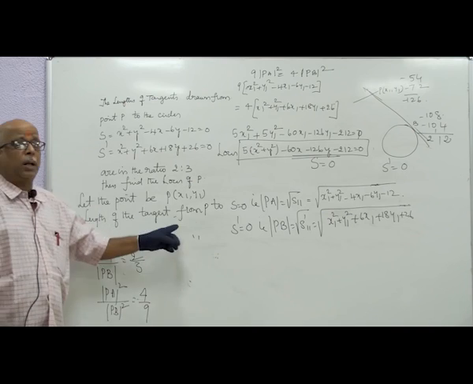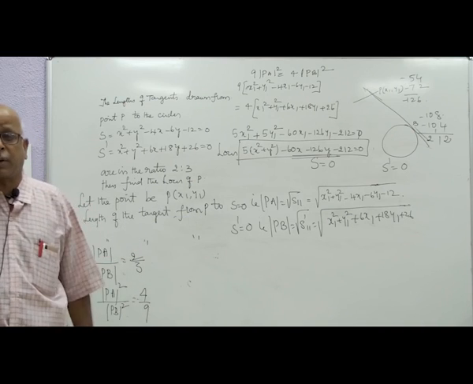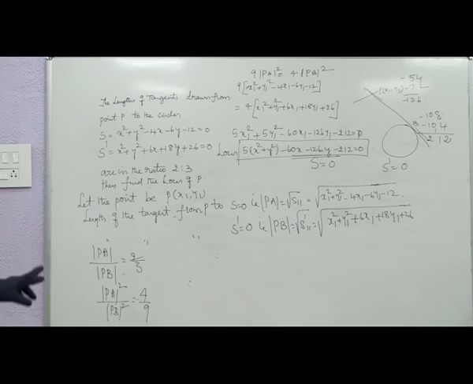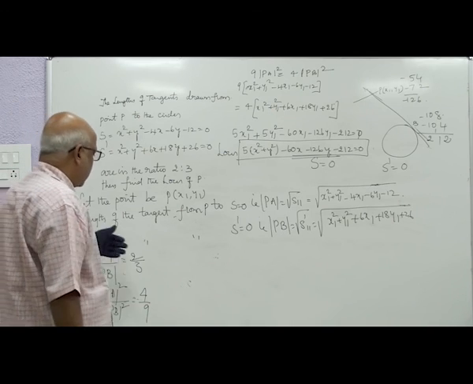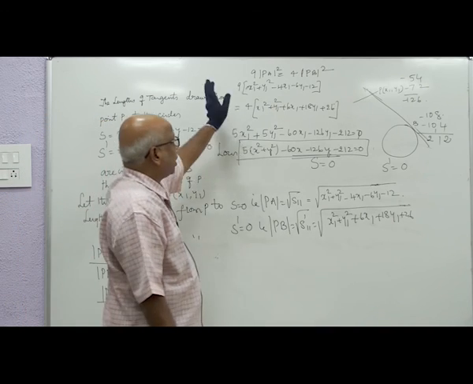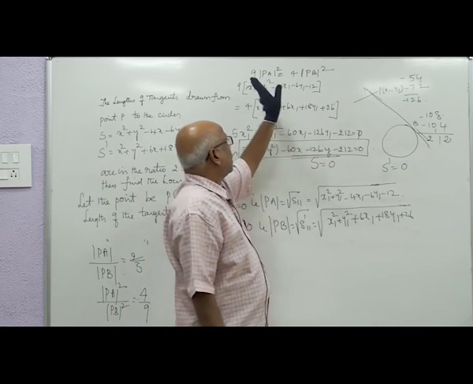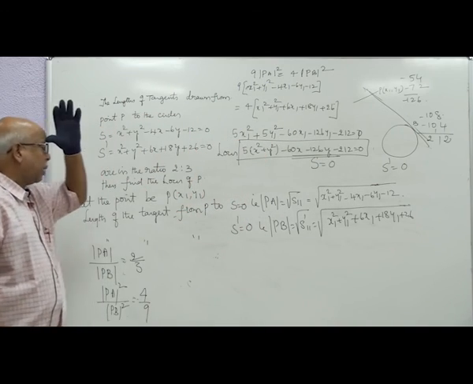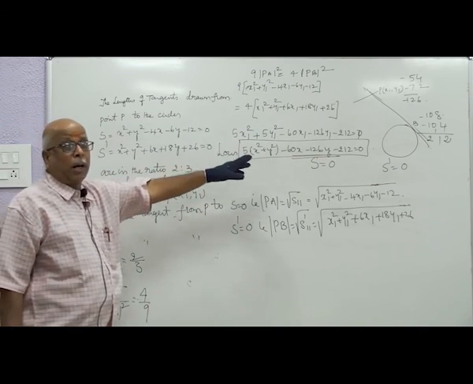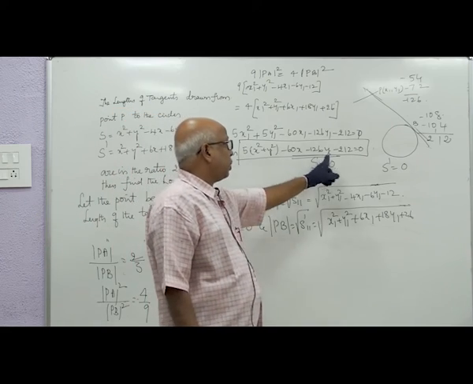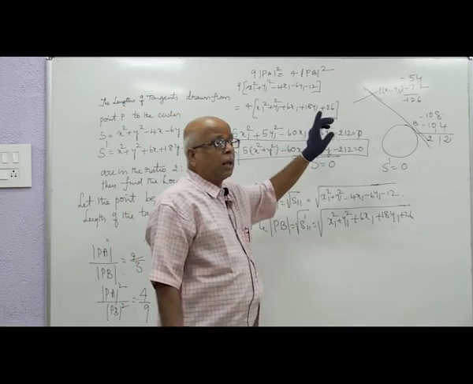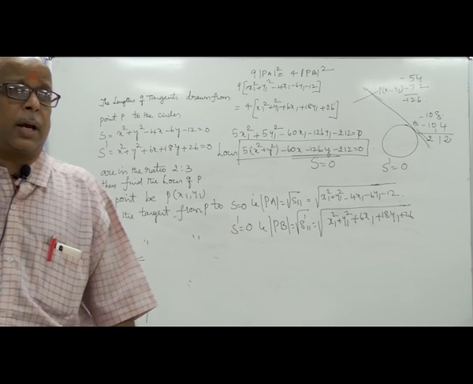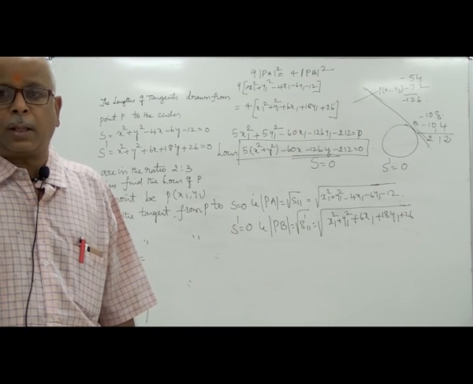We determined lengths of tangents from the point to the two circles, and the ratio he gave, squaring on both sides, cross multiplication. We got two expressions on either side of the equality symbol. Bring all values to one side. Finally, we will get this equation. To find out locus, replace x1 with x and y1 with y.